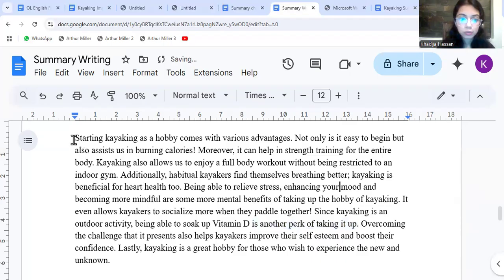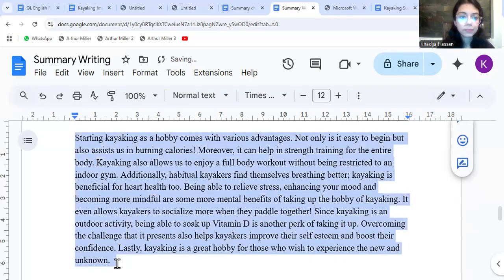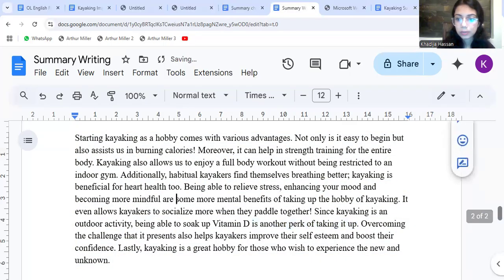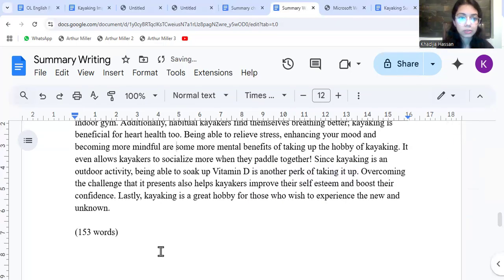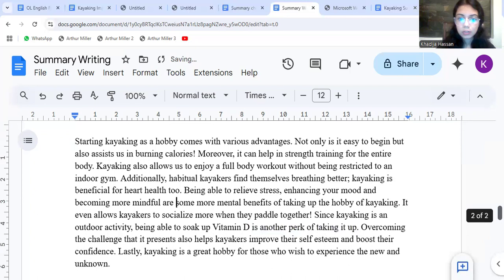So that being said, you should also check the word count. Since I was doing this on a Google Doc, I was able to just use the tools and it's 153 words. What you guys can do is just make sure that they'll give you a set of lines to write on. Make sure that you fill those out. And if you are exceeding the lines that they have given you and you are within the word limit, you can add one extra line with a pencil.